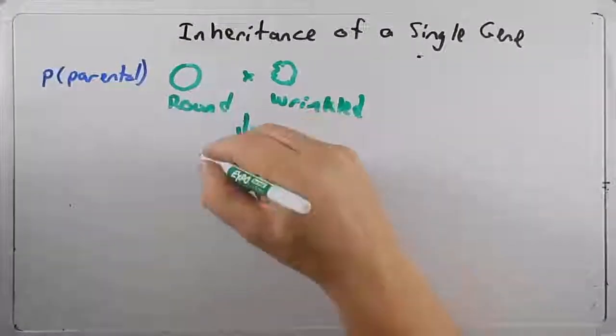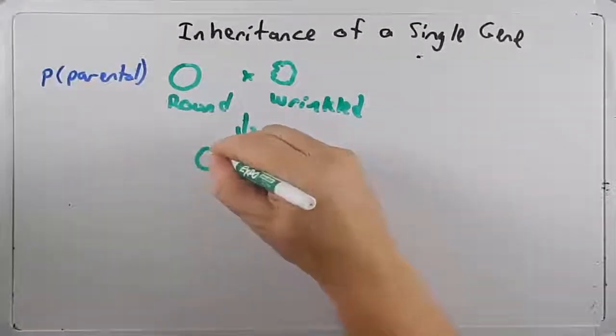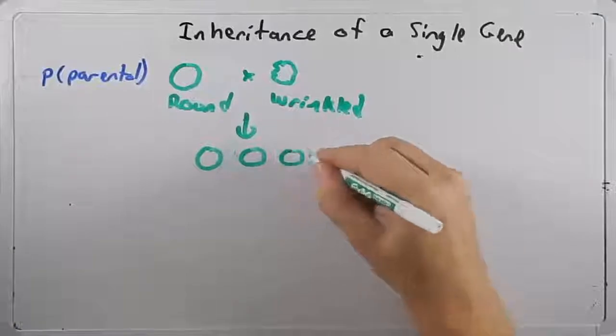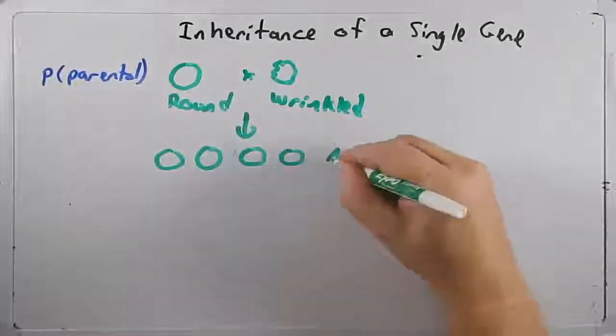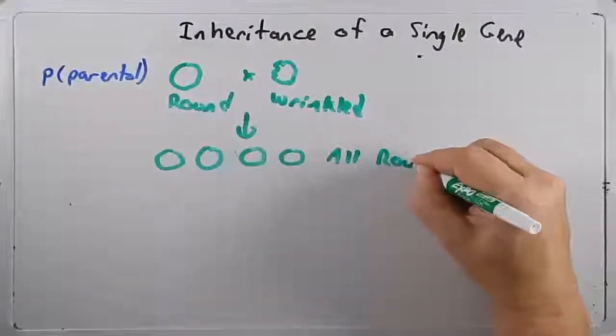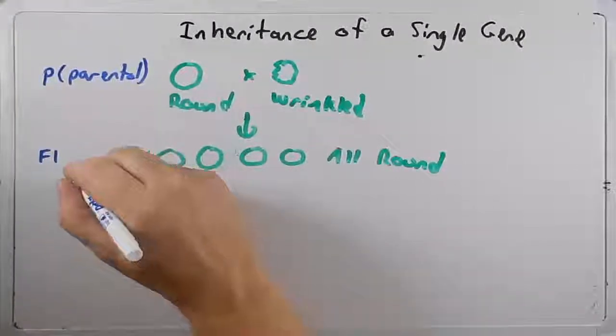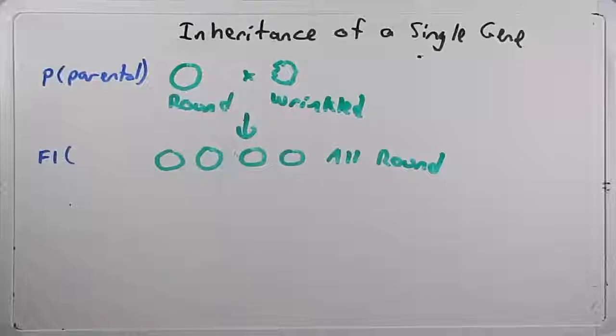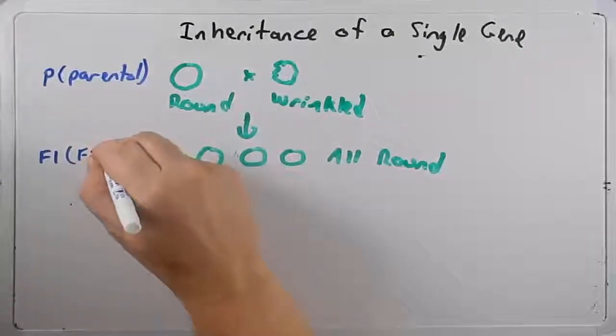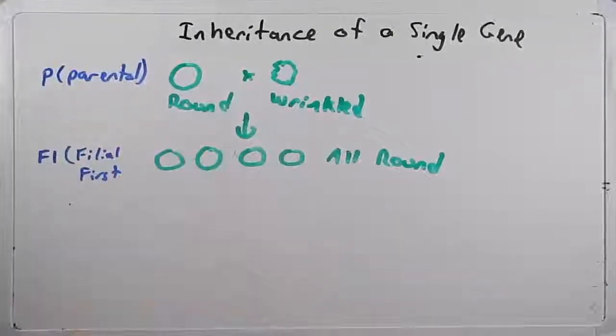And when he crossed these, remember, all of the progeny had round seeds. All round. We call this the F1 generation, and that stands for filial, first generation.